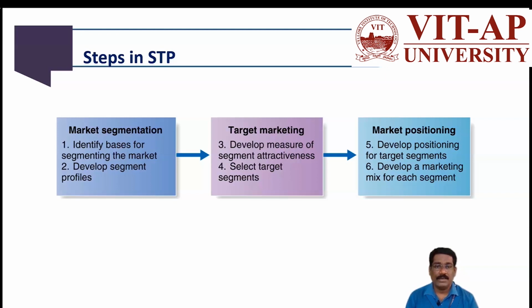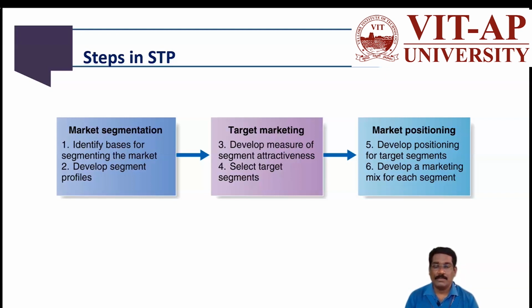And they also try to find out the point of difference and the point of parity among the unique value propositions they offer, and register them in the minds of the consumers. The next one is the last step in the STP process: developing a marketing mix for each segment. If you understand the needs and wants of the consumers in that segment, what we need to do is offer the right proportion of marketing mix.